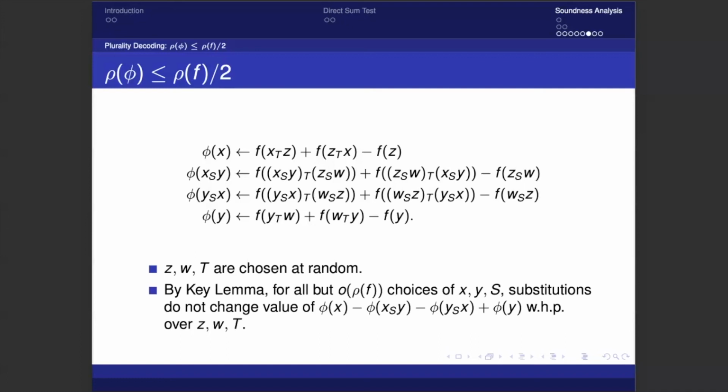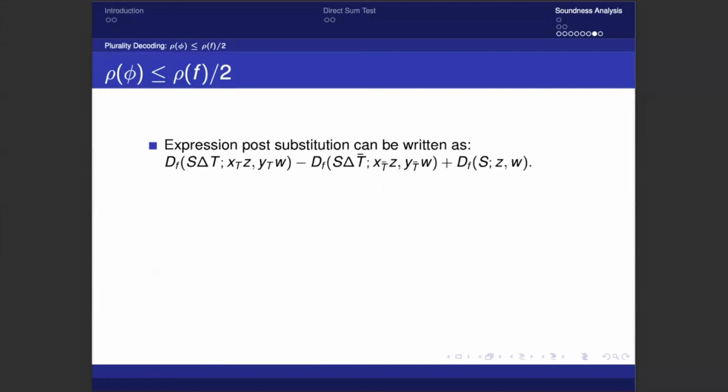All right, so with this in hand, let's look at the expression post-substitution. So we use another algebraic identity to rewrite the expression post-substitution as a linear combination of the test run on correlated inputs.